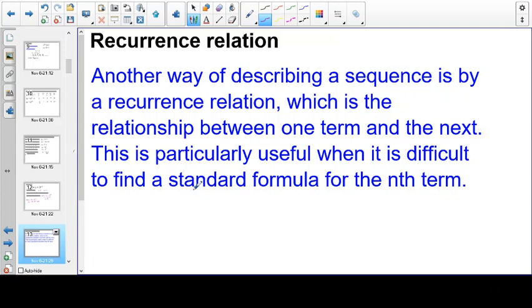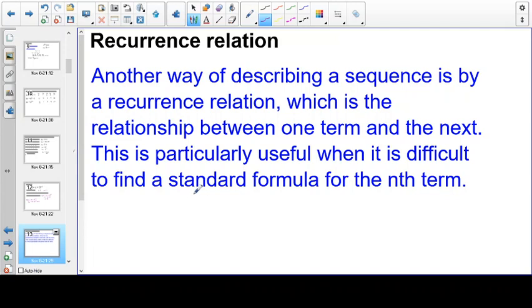All we can do is give a rule for how to get from one term to the next. So we cannot link the value of the term to the position, we can only link it between one term to the next term. And that is what we use a recurrence relation for.